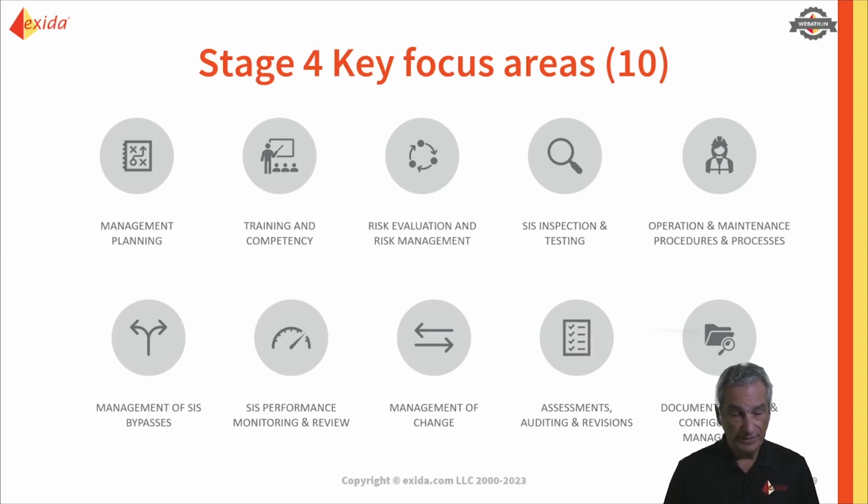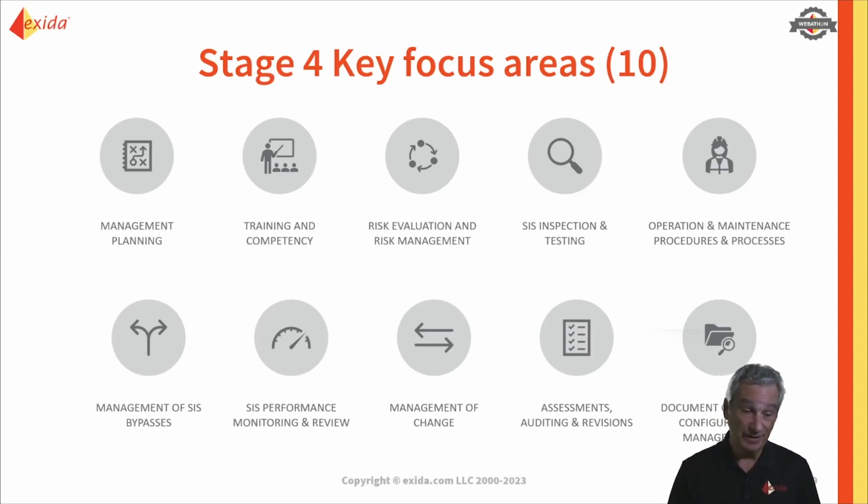Then you've got the performance monitoring and review of the SIS in terms of, did we have any demands, real or otherwise? Have we had any failures and so on? And then the management of change. Did we need to implement any changes? And if so, did we follow management of change requirements as defined in the standard? Assessments, auditing and revisions. Have we done any of those?